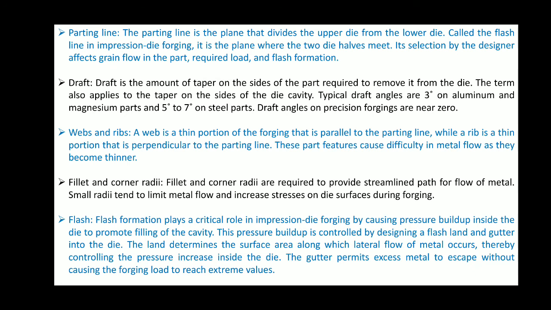So how much pressure has to build up to properly fill the die cavity can be controlled by the flash land and gutter in the die. The land determines the surface area along which lateral flow of the metal occurs, thereby controlling the pressure increase inside the die. And the gutter permits the excess metal to escape without causing the forging load to reach its extreme value. So both of them are important.